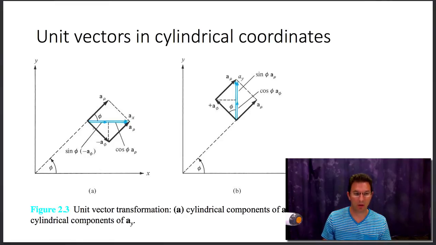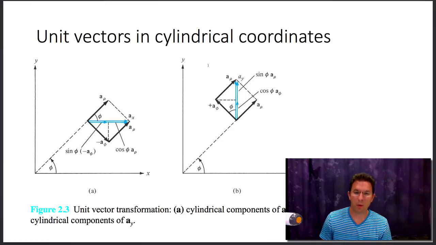Okay, so it's coordinate transformations really. They're simply showing you that this x hat vector can be decomposed into a projection along the phi hat and along the rho hat directions. The sum of those two vectors gets you x hat.